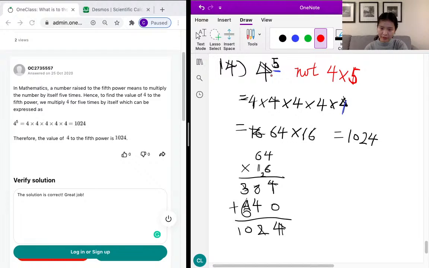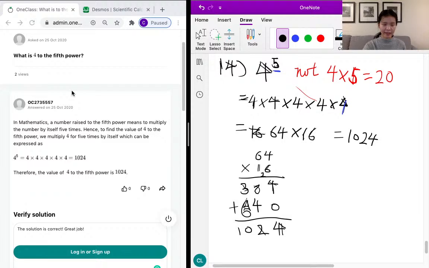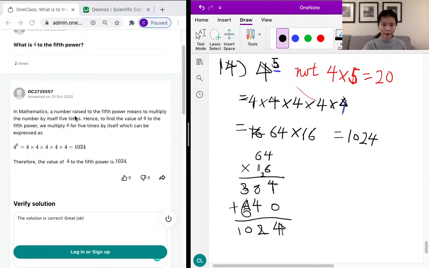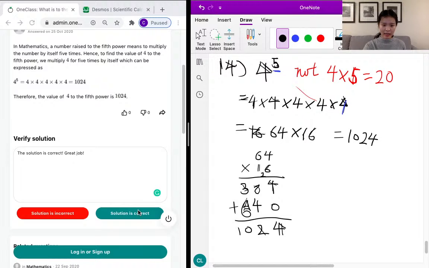So 4 to the power of 5 is 4 times 4 times 4 times 4 times 4, whereas 4 times 5 is 20. So yeah, they are very different. Please don't confuse them. Okay, and that concludes our explanation or our solution for 4 to the power of 5. And let's move on to our next problem.